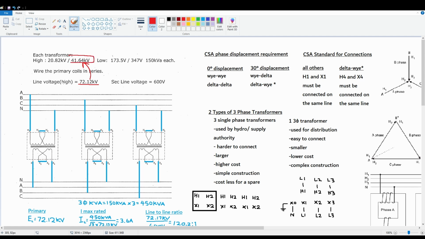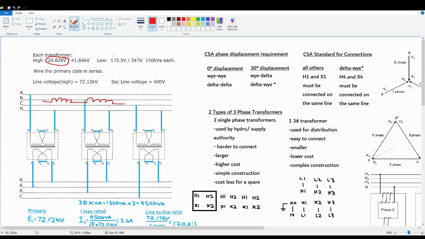And we're gonna have to connect the windings in series because each winding is gonna be 20 kilovolts. And if we connect it in series like I did right here, the phase voltage is gonna be 41 kilovolts because each winding will add up. So each winding is this much, right? And they will add up in series because voltage adds up in series.